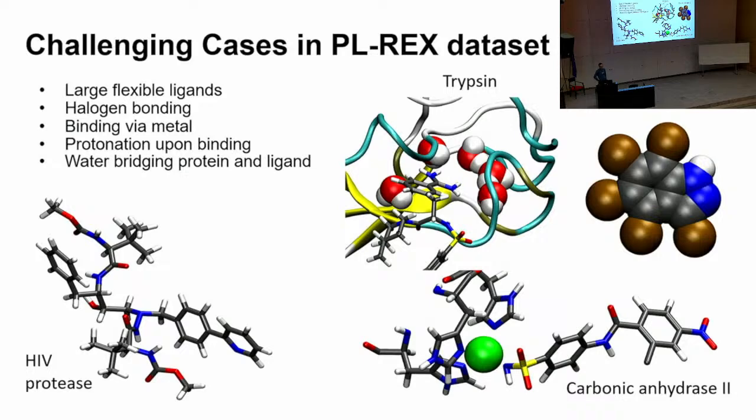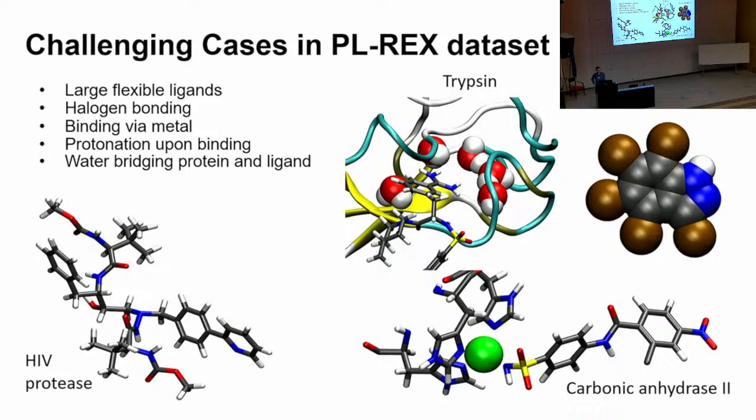So it has large flexible ligands like HIV protease inhibitors. It has halogen bonding, as in casein kinase with 5 bromine atoms. It has binding via metal, like carbonic anhydrase, protonation and deprotonation upon binding, and waters in the binding site.